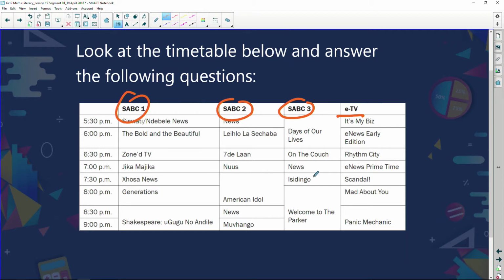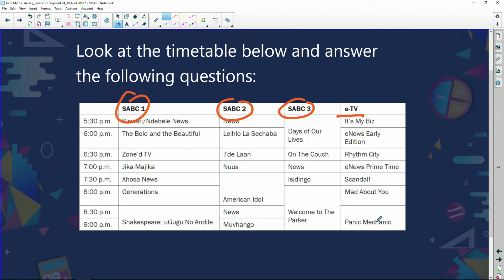SABC 3 has a program called Welcome to the Parker. On ETV, we've got Rhythm City, Scandal, and in between those two we've got News Primetime. We've got a program called Mad About You, and then this wonderful, weird and wonderful thing called Panic Mechanic, which, if I remember correctly, was a film by Leon Schuster. Okay, so here is a timetable.